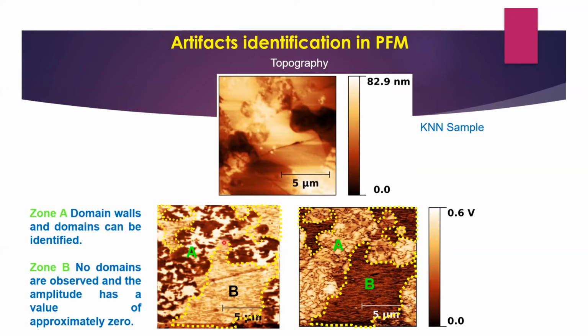One region, A, where the domains are clearly identified, and region B where there are no domains. You cannot observe domains in this part B of the sample. And in the amplitude signal, we can see clearly the domain walls in region A, and in region B, the amplitude is almost zero.